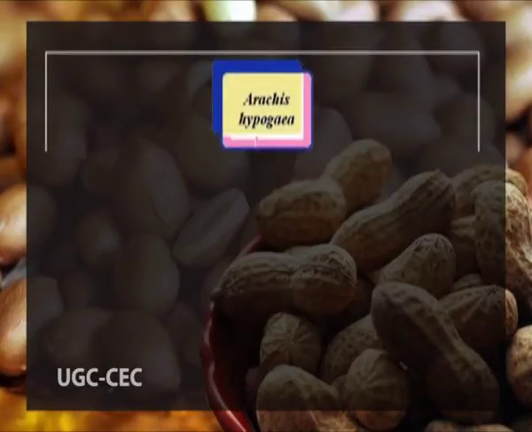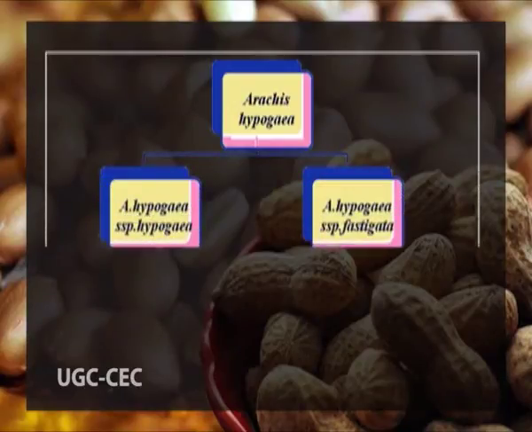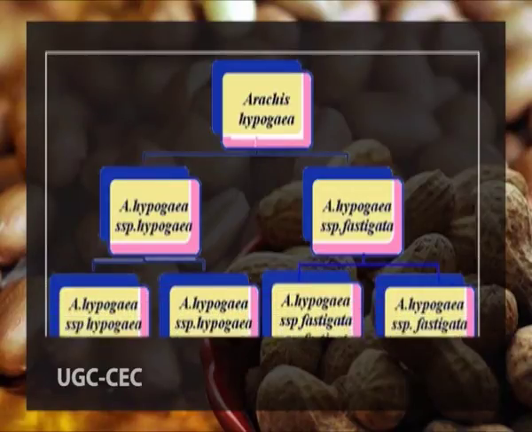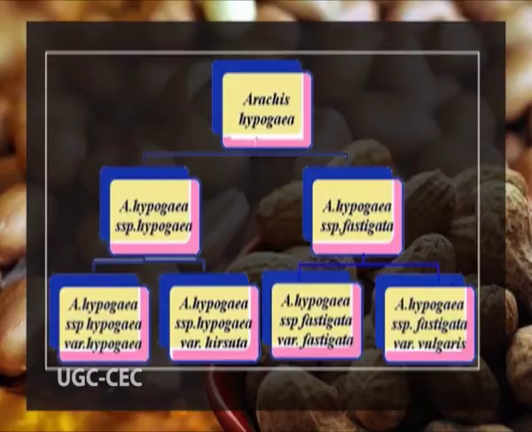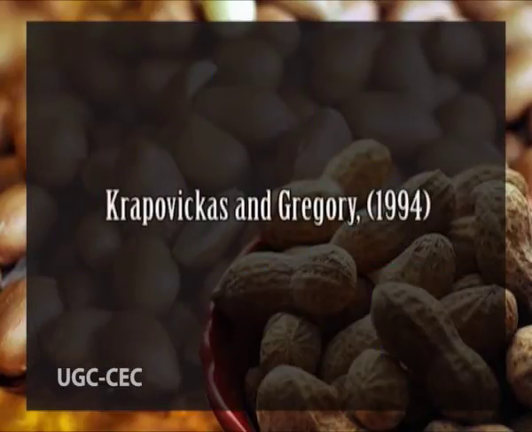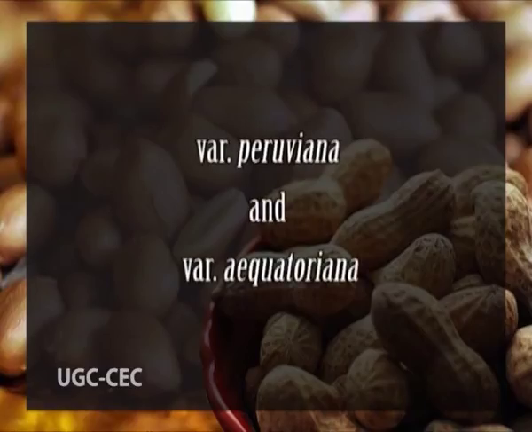Arachis hypogaea consists of two subspecies, subspecies hypogaea and subspecies fastigiata, each with two botanical varieties. Those of subspecies hypogaea are variety hypogaea and variety hirsuta, and those of subspecies fastigiata are variety fastigiata and variety vulgaris. However, in 1994, Krapovickas and Gregory proposed two new varieties of subspecies fastigiata in addition to the existing ones, namely variety peruviana and variety aequatoriana.